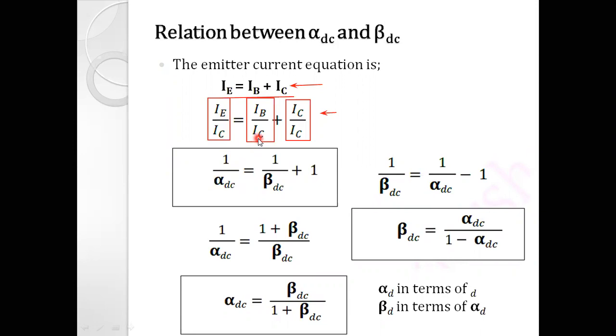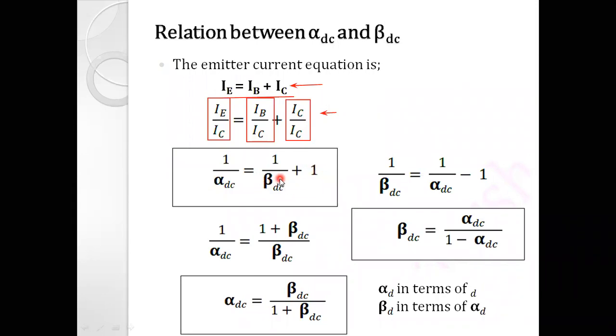And from the beta DC definition, beta DC is the ratio of IC and IB, so on the right hand side we have beta DC in the denominator of the first term, and IC by IC is equal to 1.